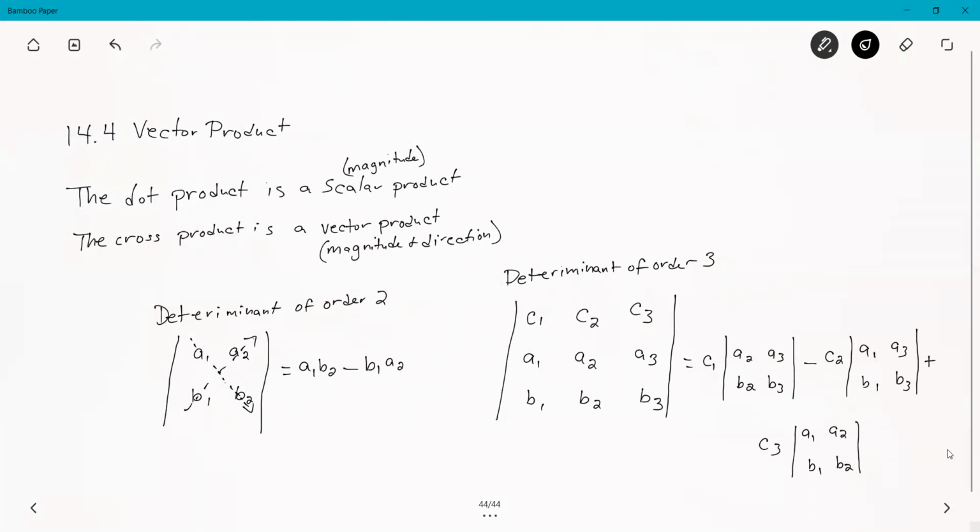Okay, so let's actually see some of this in action. All right. So let's do just a basic determinant of order 2. So 1, 4, 3, 2. Okay, so remember, we're going to multiply down.